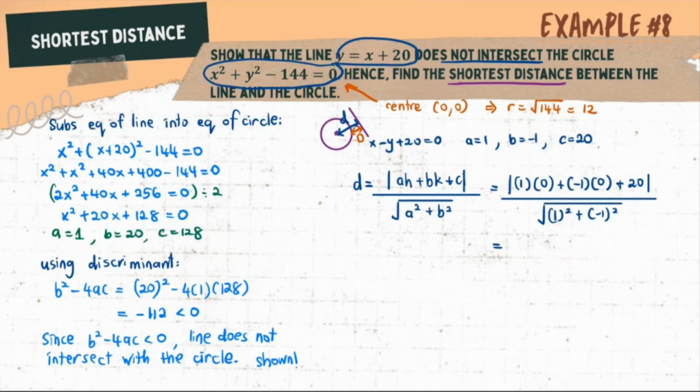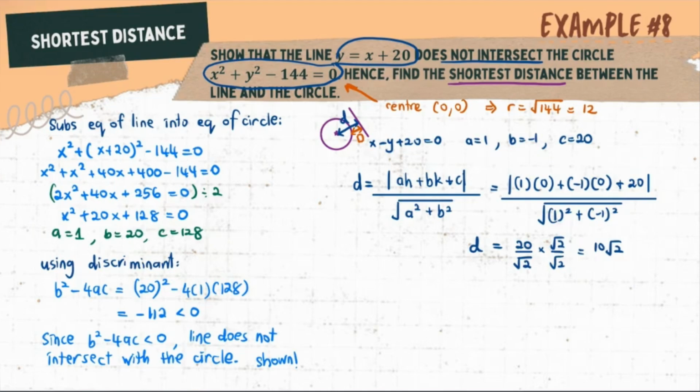So kat sini sebab dia letak dalam modulus so walaupun dalam ini negatif, it will be always a positive value. So kita ada 20 over square root of 2 which kalau saya rationalize darabkan dengan square root of 2 over square root of 2, saya dapat 10 square root of 2. Okay, so that means this will be the value for our D.